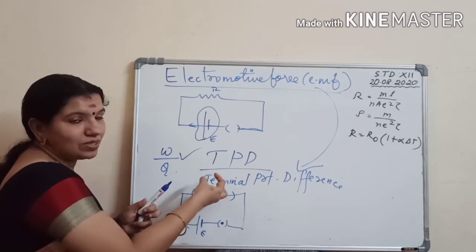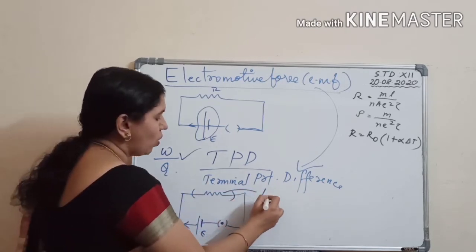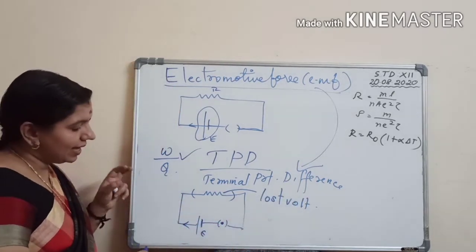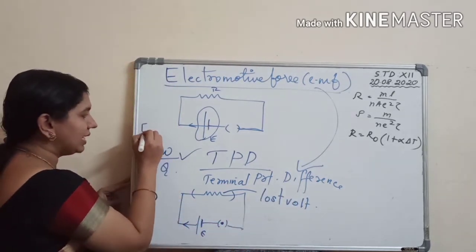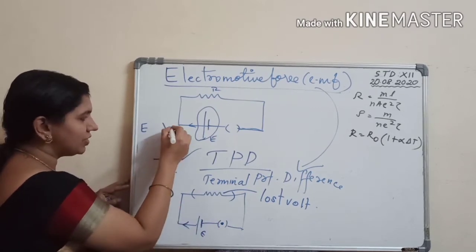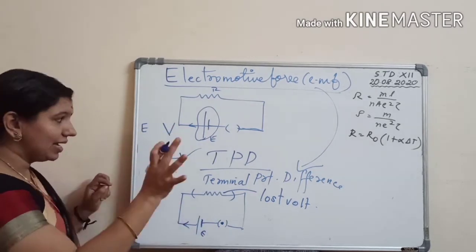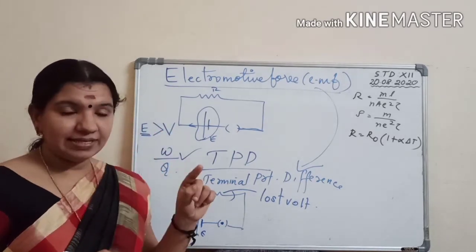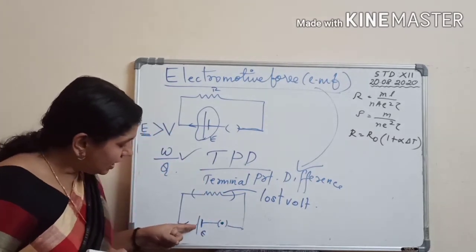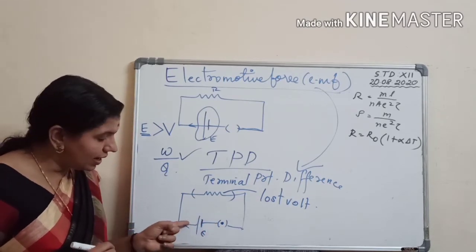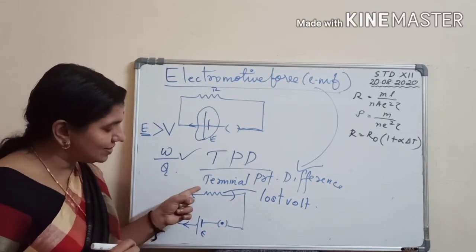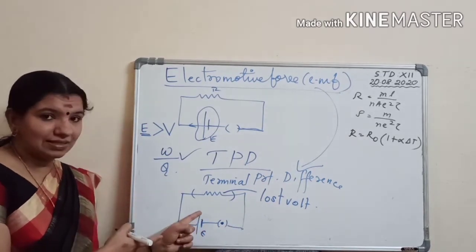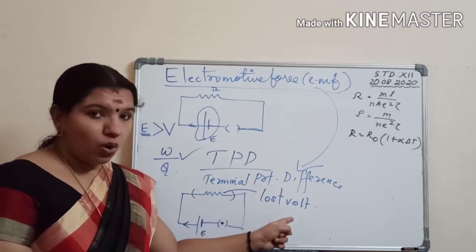Whatever voltage is lost here, we call it lost volt. When we compare EMF with the terminal potential difference, denoted by V, I can say that EMF is always greater than V. That is why whenever the switch is on, the current starts to flow, and when it reaches this resistance, there will be a voltage drop across it, and that is the lost volt.